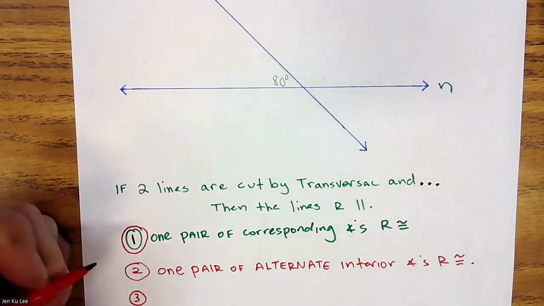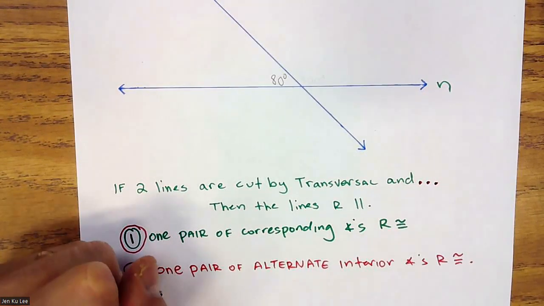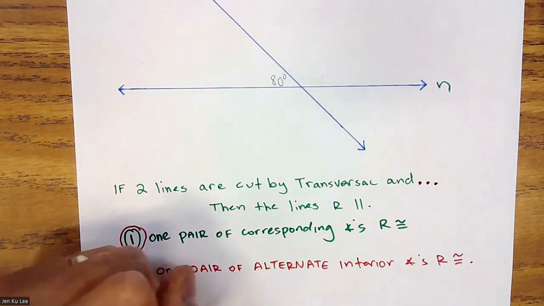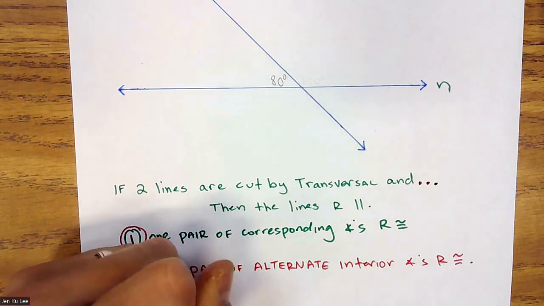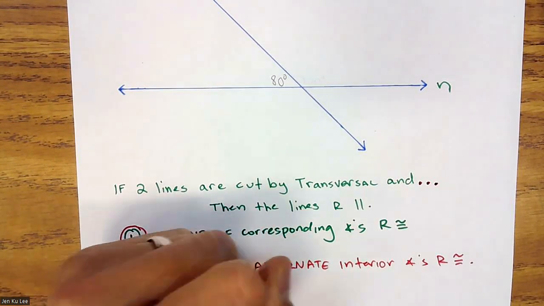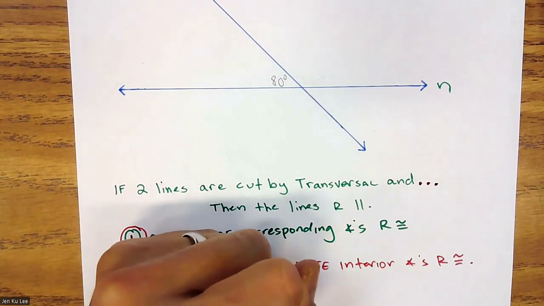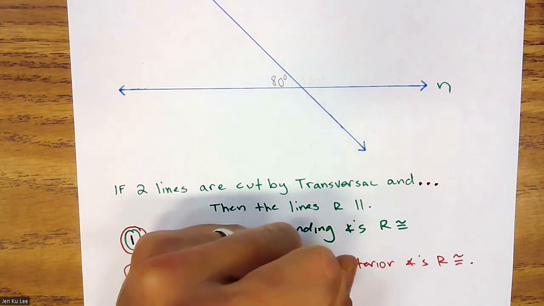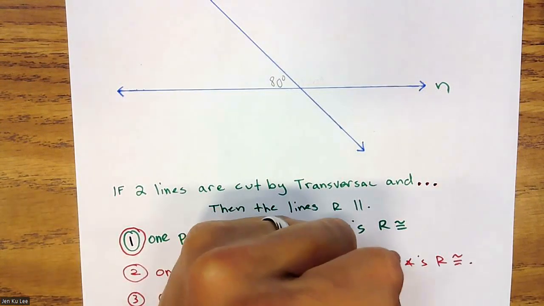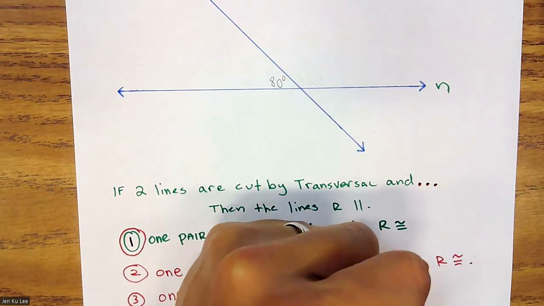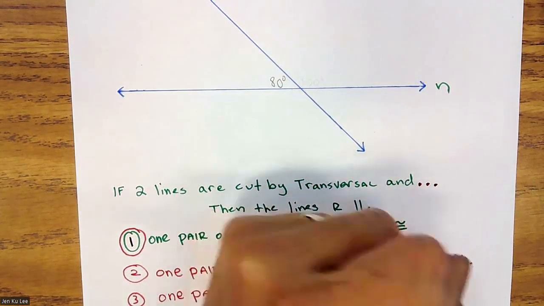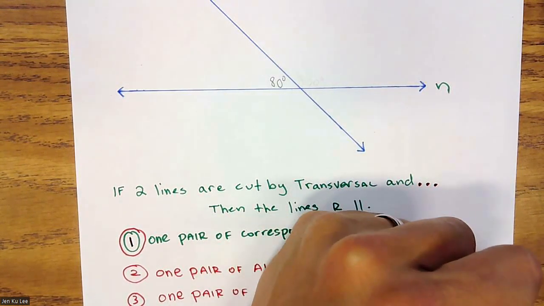Next, one pair of alternate exterior angles are congruent.